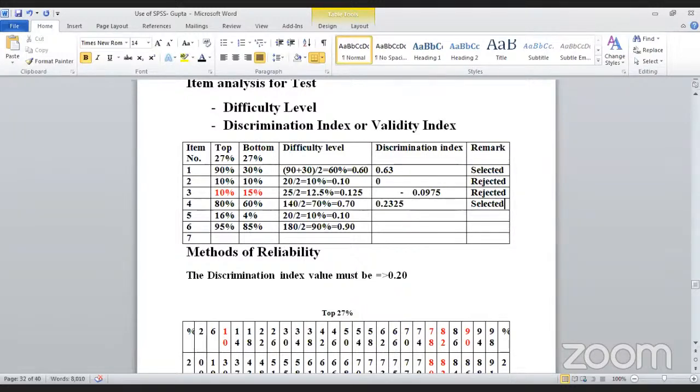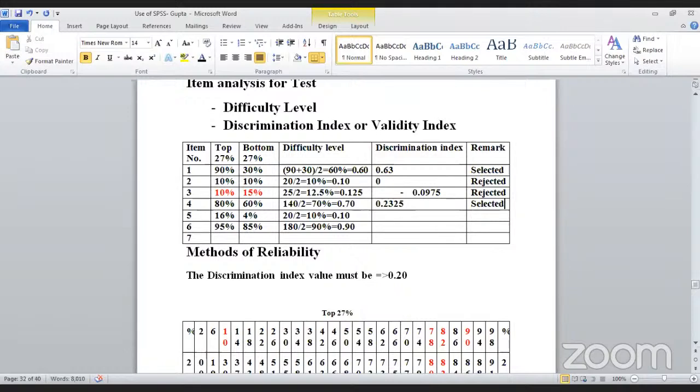So you can keep on, first of all, looking at the discrimination index. And if your discrimination index is not more than 0.20, then the item is rejected altogether. And if your discrimination index is negative, then also the item is to be rejected.